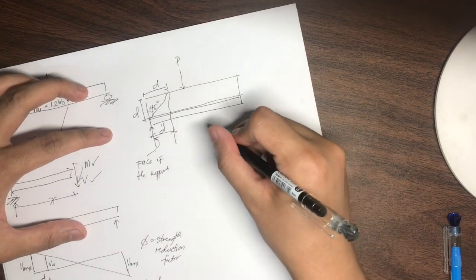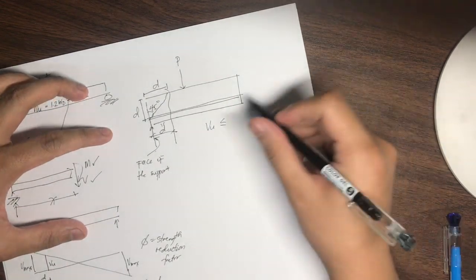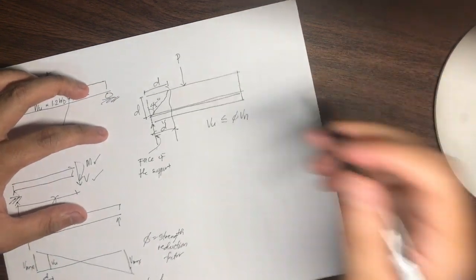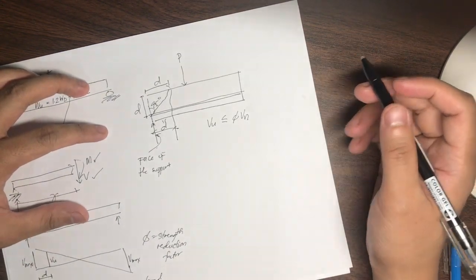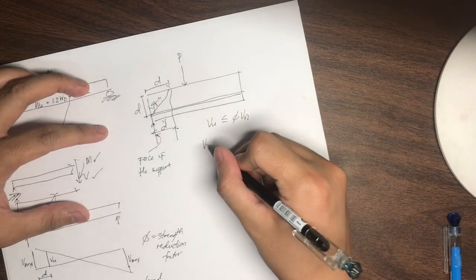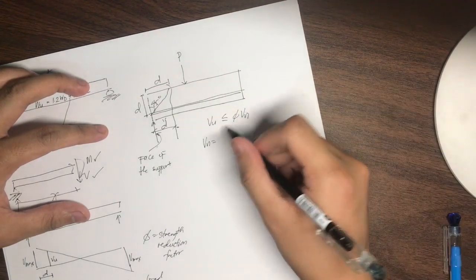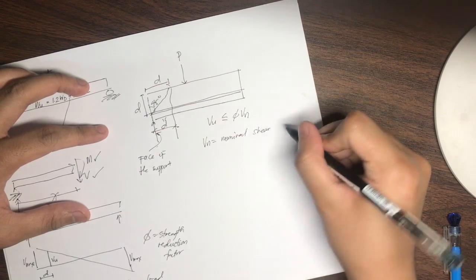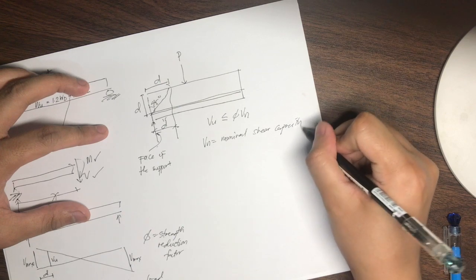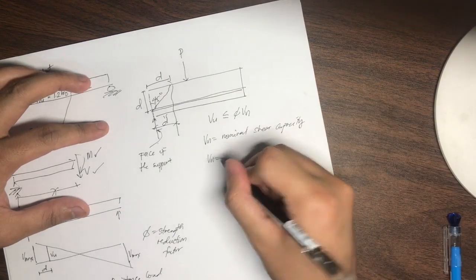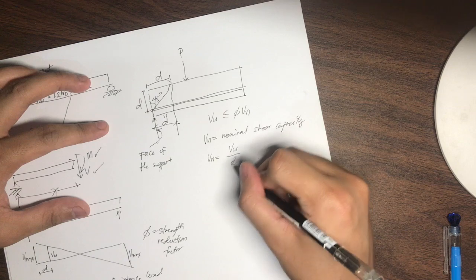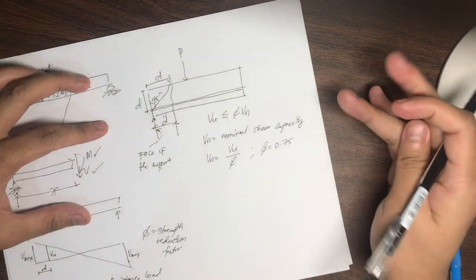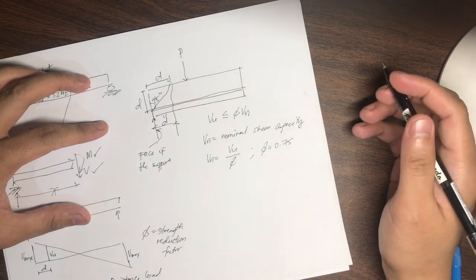Or we can say that Vu is less than or equal to phi multiplied by Vn. So if we are designing, obviously, to make our design economical, to determine the nominal shear capacity, it is just equal to Vu over phi. For shear, the reduction factor is 0.75 for 2010 and 2015 code provisions.